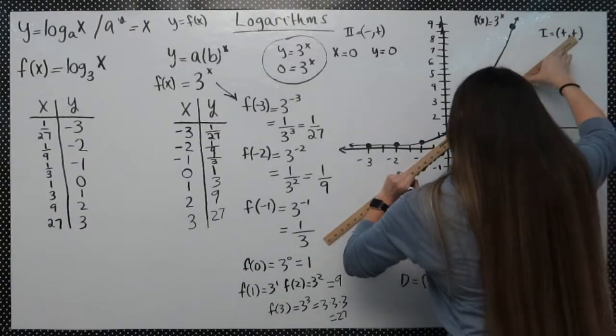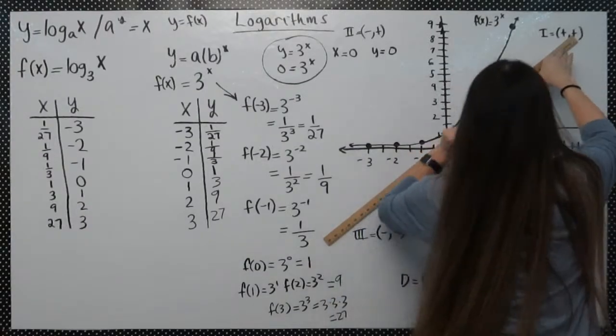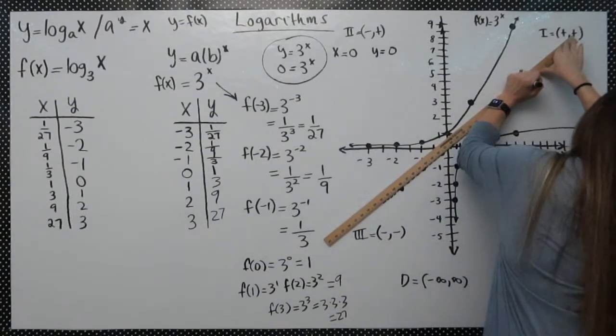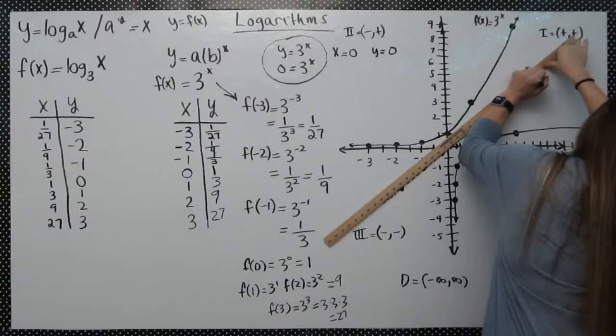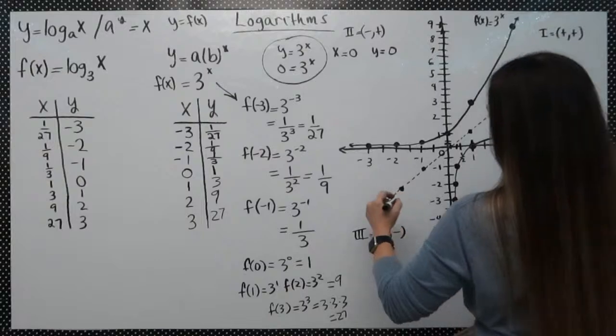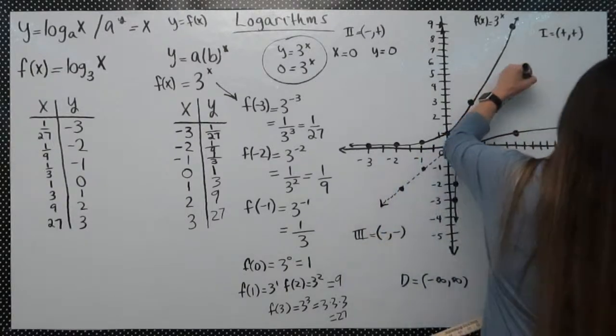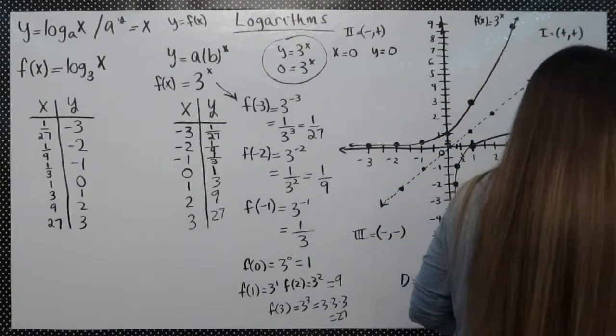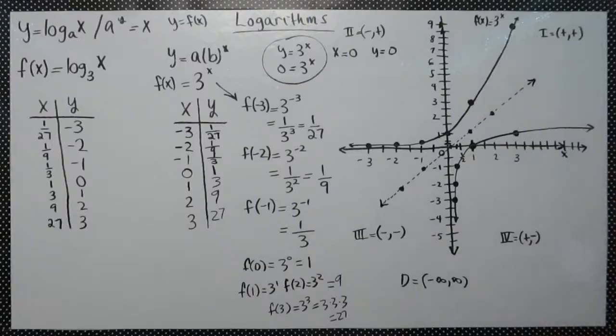So I want to go back and see if I can evaluate some of these points and find them without the use of the knowledge of the inverse functions. Okay, yeah, it looks pretty good. And so inverse functions, no matter how complicated, they all follow that symmetry about the identity function line.